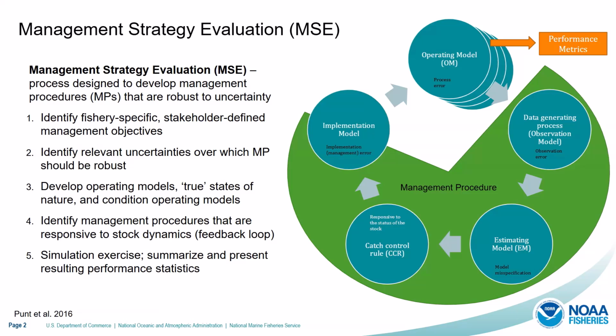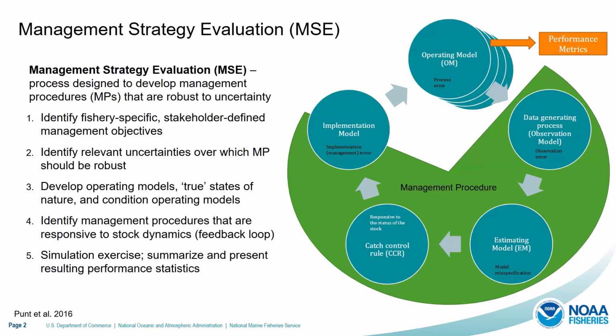On this diagram, the operating model up on the top is nested to reflect that we've developed multiple operating models, each reflecting the suite of uncertainty we could experience. So hopefully our operating model grid really envelops the plausible states of nature that we would expect for a given fishery.